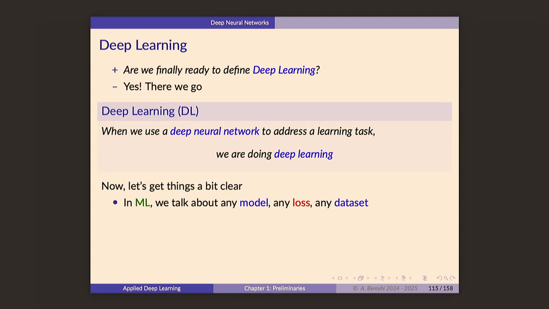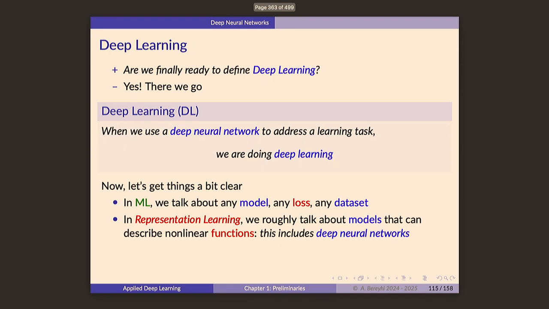But when we talk about something I called before, representation learning, we are basically focusing on a sort of machine learning problems where we need to come up with a sort of nonlinear model which can describe nonlinear functions. Yeah? This is the idea of representation learning.